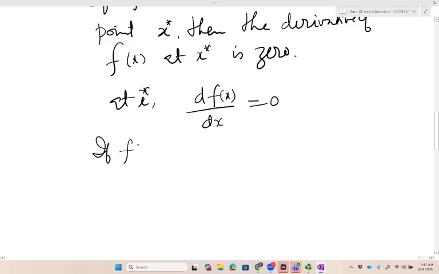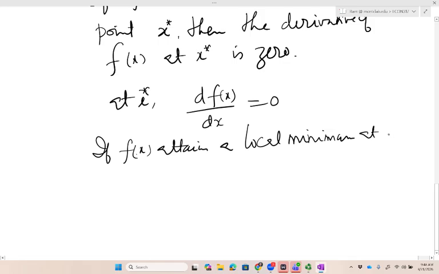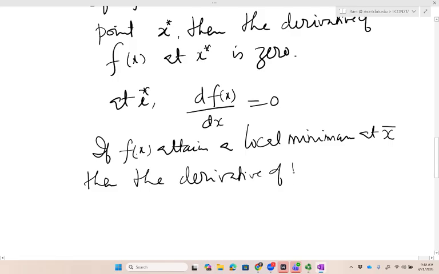So if f of x attains a local minimum at, now I will choose deliberately a different point, so I will use notation x bar, then the derivative of f of x at x bar is again 0.